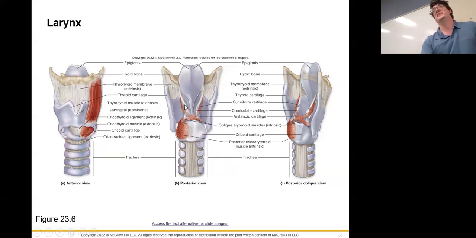If we make it really, really tight together, they're going to vibrate against one another very, very fast, in a high pitch. Or we can pull them apart and they're going to vibrate in a low pitch.